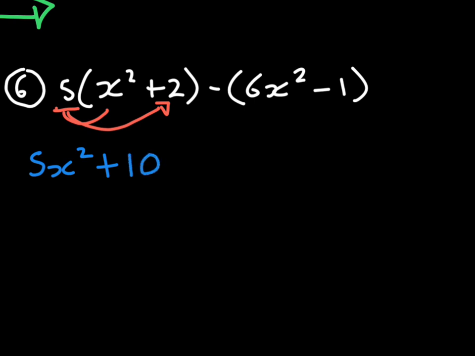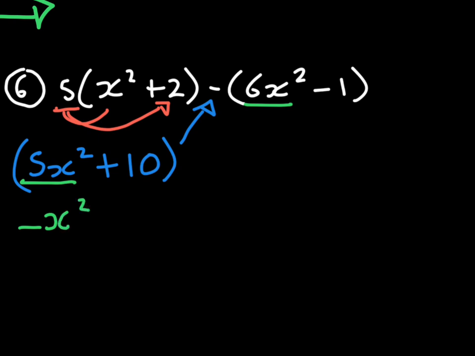Now we've got our first set of parentheses, and we can minus the second set. When we minus, remember, we once again need to look out for like terms. So here we've got 5x squared, and there we've got 6x squared. So we can say 5 minus 6, and that will give us minus x squared.